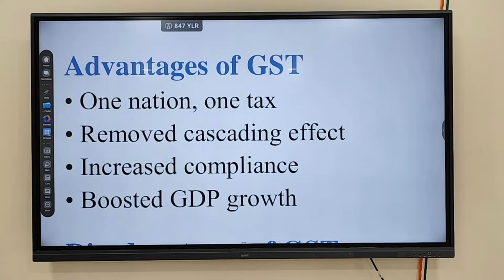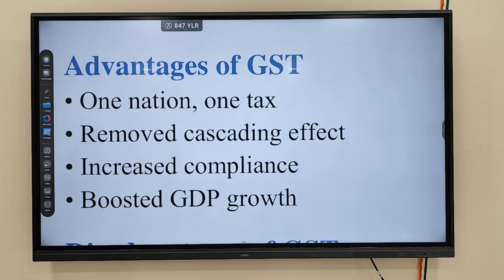This is one tax, one nation. Throughout India, it is 0%, 5%, 12, 18, 28 for commodities. One tax, one nation. Before GST, there was sales tax and value added tax, customs tax, all the different taxes used to get cascaded.